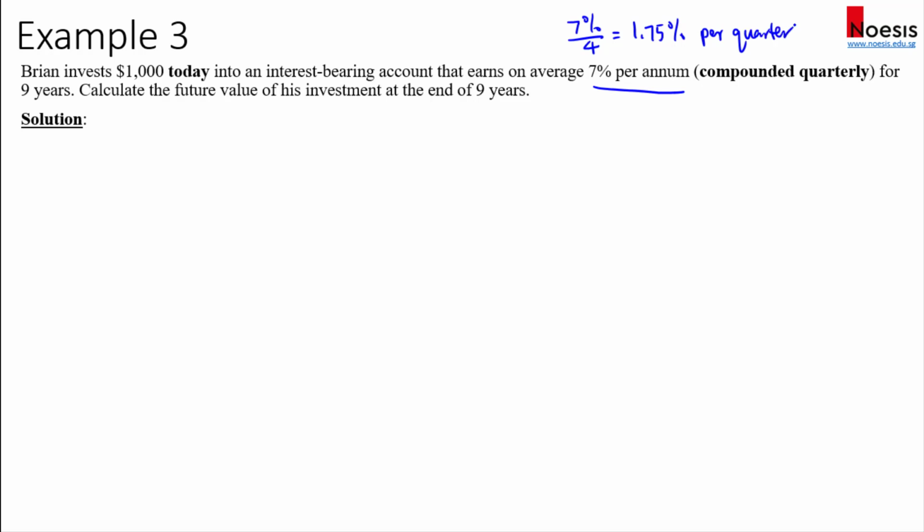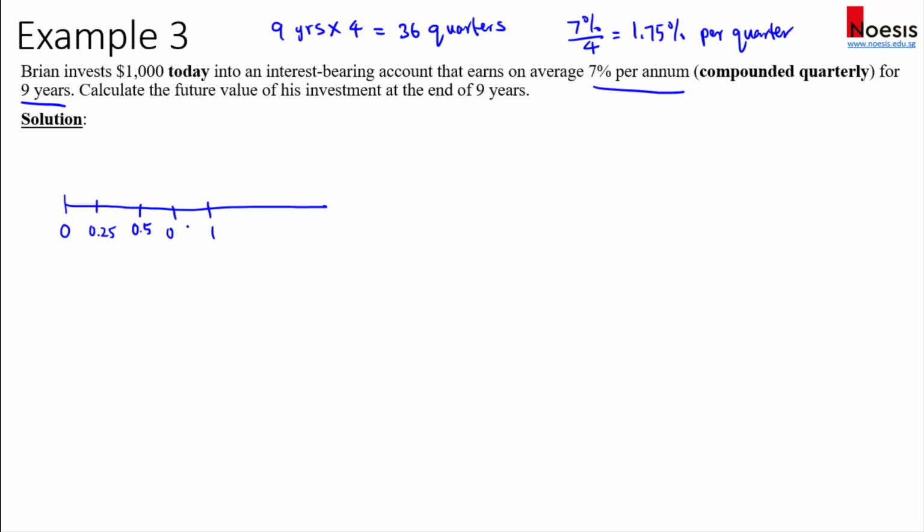Okay, and for how many quarters would this be? So since Brian will be investing for 9 years, so 9 years multiplied by 4 quarters, so that will be a total of 36 quarters. So when you compute this, okay, again it's for a 9 years period, but interest is calculated every quarter. So if I just illustrate a timeline in the space of 1 year, so between let's say 0 to 1 year, so we have quarter 1, okay, I'll show it as in terms of fractions, so that's 0.25 for first quarter, second quarter, and third quarter.